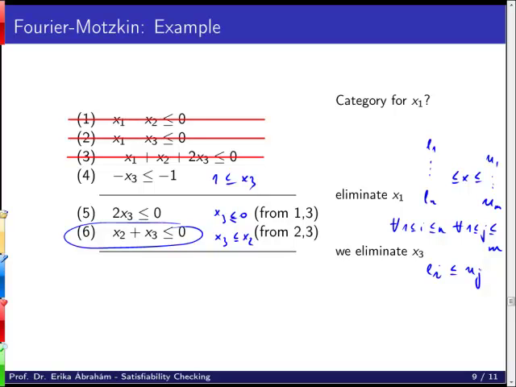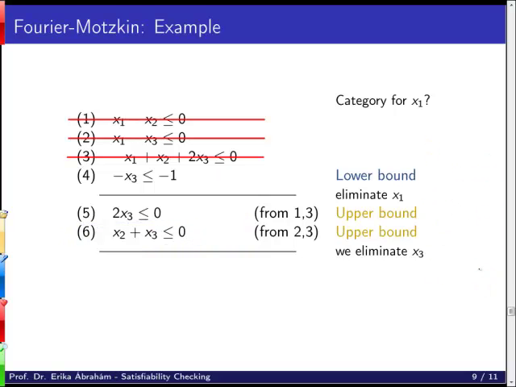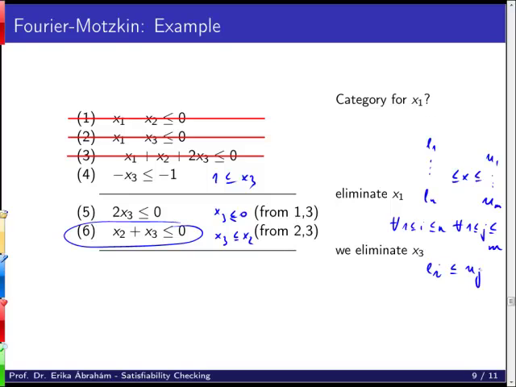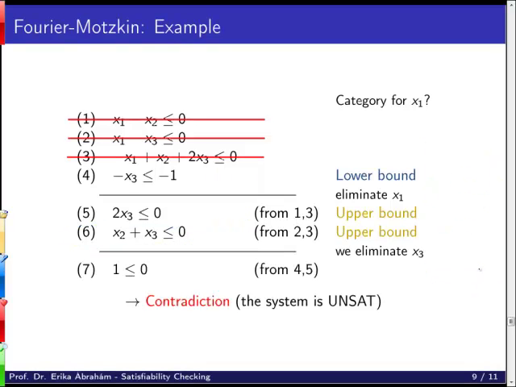In this case, this is a combination of 4 with 5 and 4 with 6. So from 4 with 5, I go back one slide, because there we have the lower bound that x3 must be larger or equal 1. And from 5, I get that x3 is less or equal 0. So I get the constraint that 1 is less or equal 0, which is a contradiction in the reals. So I know that the system is unsatisfiable.